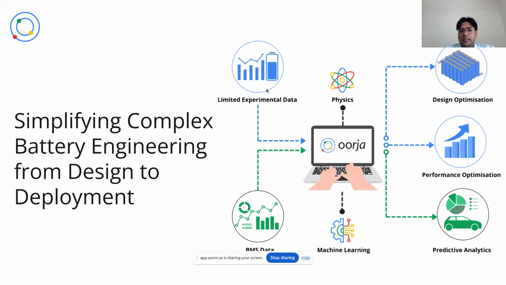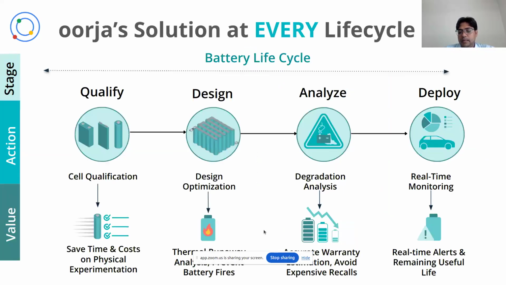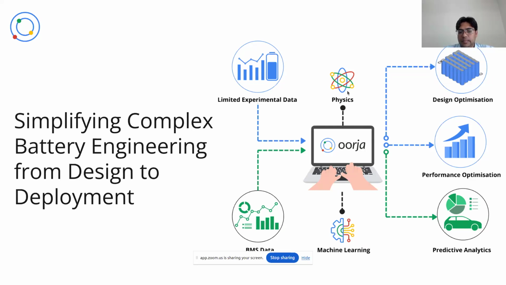The way it works is that you have experimental data or the data coming from BMS, and you combine the information from the physics, and on top of it, we have machine learning models. When we combine all these things together, we ensure that you get reliable and accurate estimates on the different aspects of the batteries.